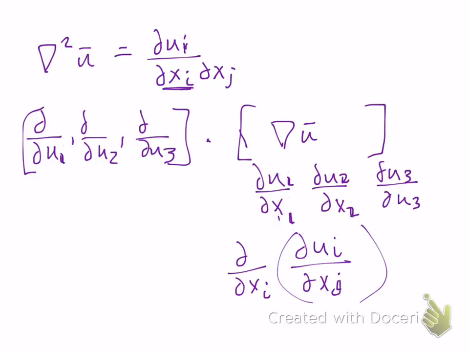No, we still have a j at the end, no matter what we come up with. There's still going to be a 1, a 2, and a 3. Okay, so then it's a vector. So if we sum over our i's, we're left with a j at the end, which means that it's a vector.